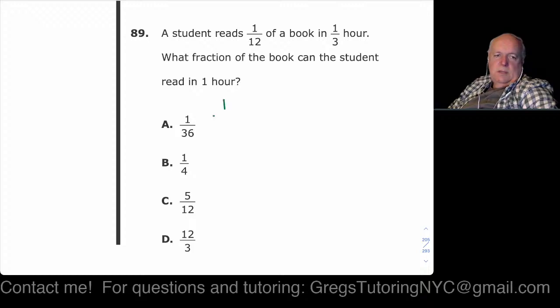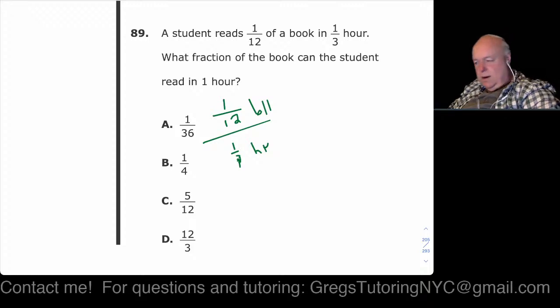The student reads 1/12 of a book in 1/3 of an hour. I'll just put BK here. Okay, what fraction of the book can the student read in 1 hour?